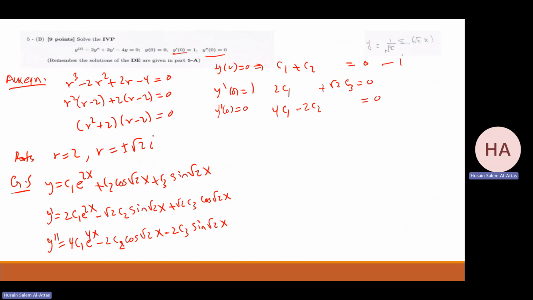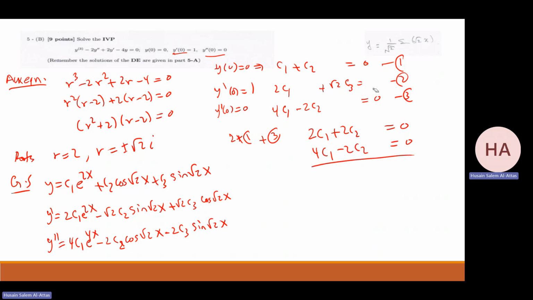So I call these equations 1, 2, 3. Let me take 1 and 3. Actually, let me multiply 1 by 2 and add it to 3. So I have 2c1 plus 2c2 equals 0 and c1 minus 2c2 equals 0.